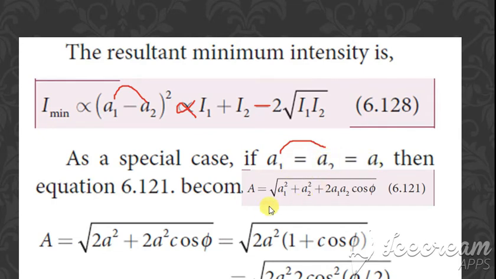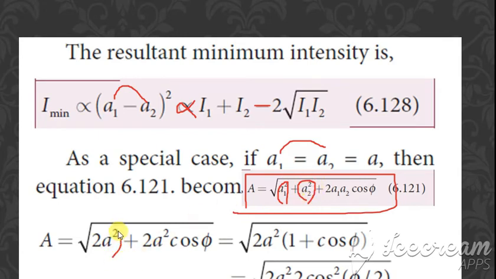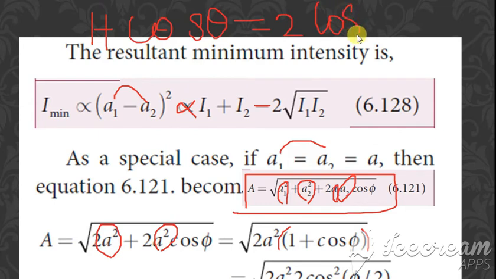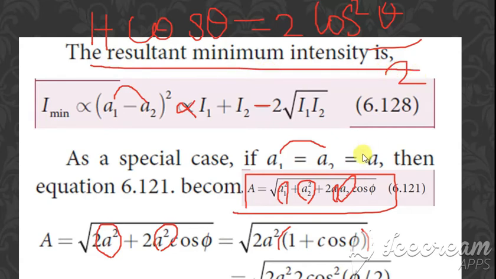If we substitute a1 equal to a2 equal to a in the value of amplitude, a square plus a square is 2a square, and a into a is again a square. Bring a square common outside, and the remaining is 1 plus cos phi. The formula for 1 plus cos theta is 2 cos square theta by 2, so 1 plus cos phi is 2 cos square phi by 2.